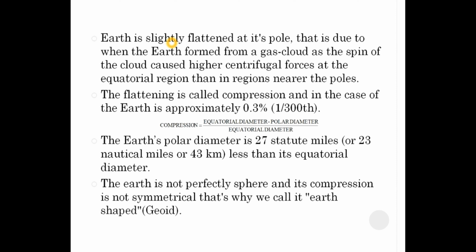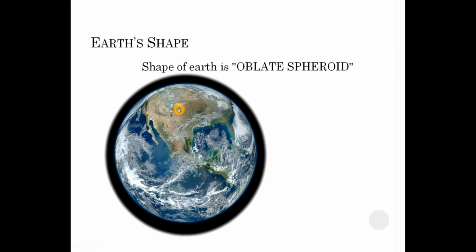When the earth formed from the gas cloud, the spin of the cloud caused higher centrifugal force at the equatorial region than in the regions near the poles. So that's why the earth is slightly flattened at its poles, and that's why we call the earth's shape an oblate spheroid. Remember that.